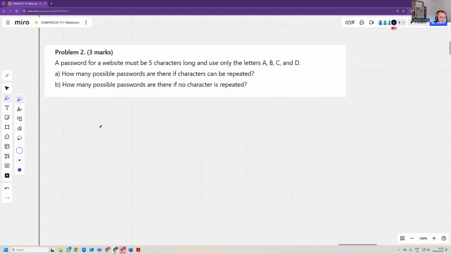Well, if you have a 5-character password, you have 4 choices for each character: A, B, C, or D. Therefore, there's 4 times 4 times 4 times 4 times 4, which is 4 to the power of 5, which is 1024 passwords.